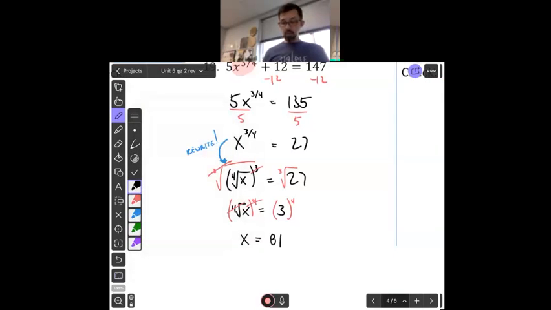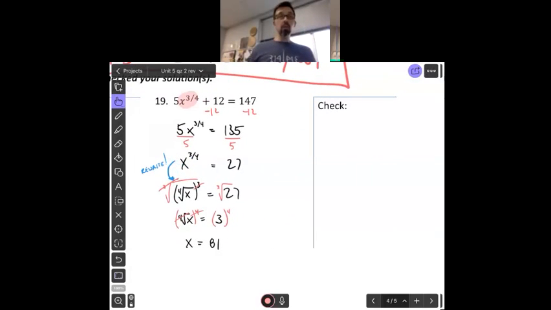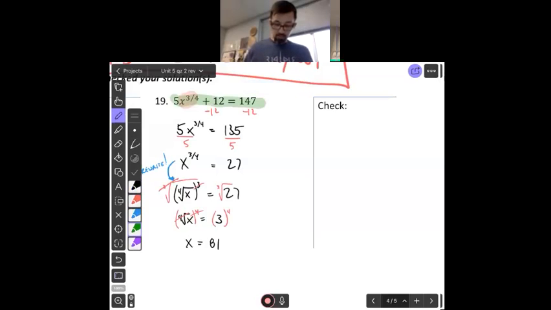And now we go and check 81. Okay. We always check back in the original equation. So I have to plug back into there. And you do not solve as you're checking.